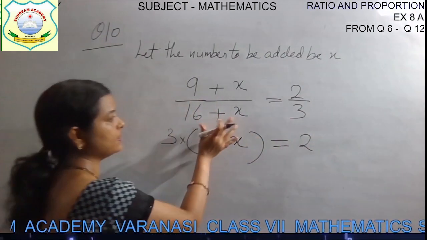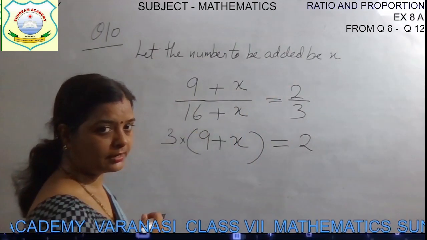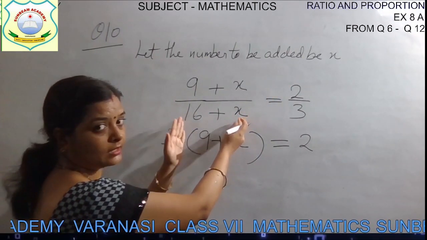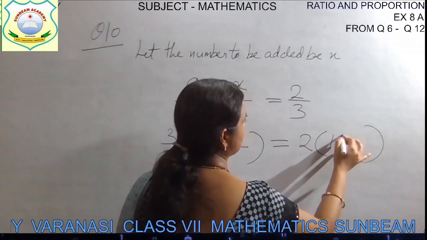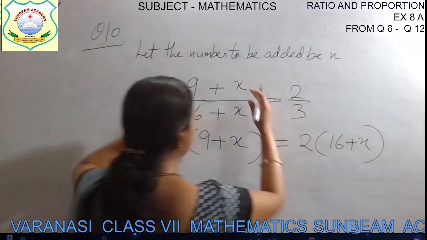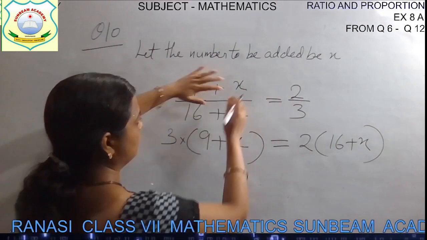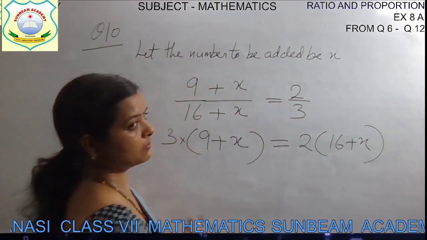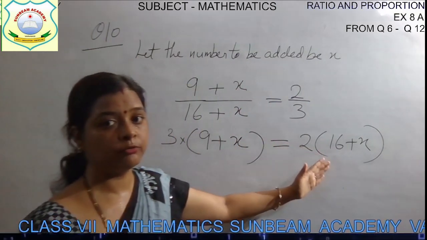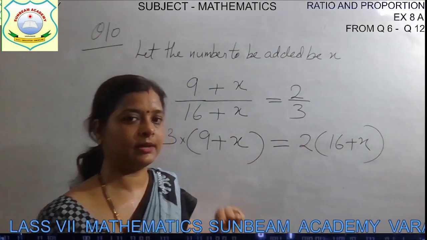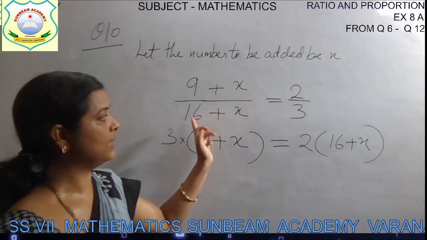Now this 16 plus x will transpose to the RHS, and two terms are there. When it is transposed to that side, you have to keep it in a bracket: 16 plus x. Although right now it is a whole term, with some number in the numerator and some in the denominator, I am saying it this way so that you will not forget to write this bracket. This 2 will multiply with both.